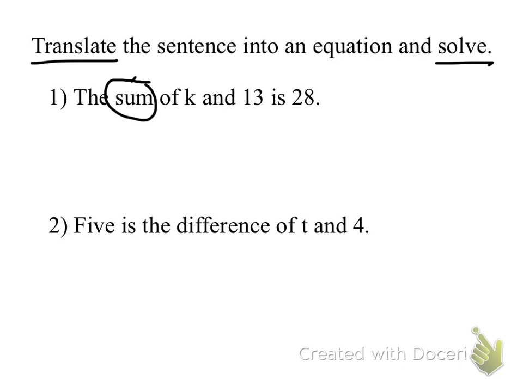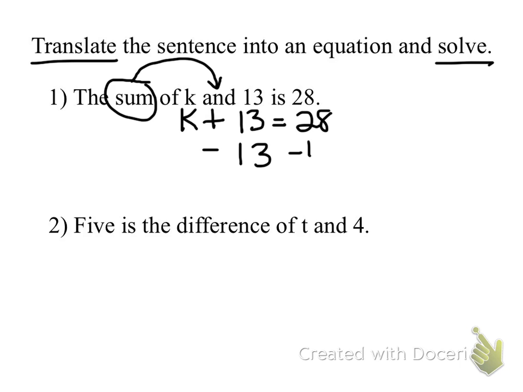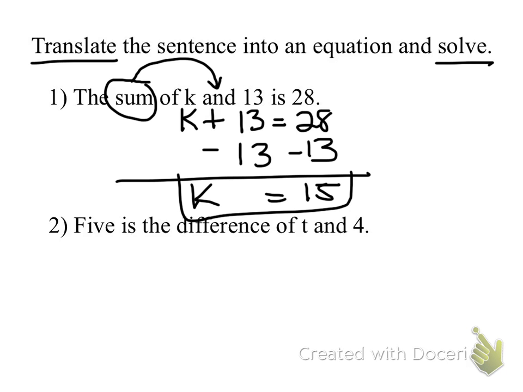I see sum, so I send it over to the and sign. Sum means to add. What comes before it, k. What comes after it, 13. Is means equals 28. And then I use my inverse operations to solve it. K equals 15. Now pause the recording and do number 2.